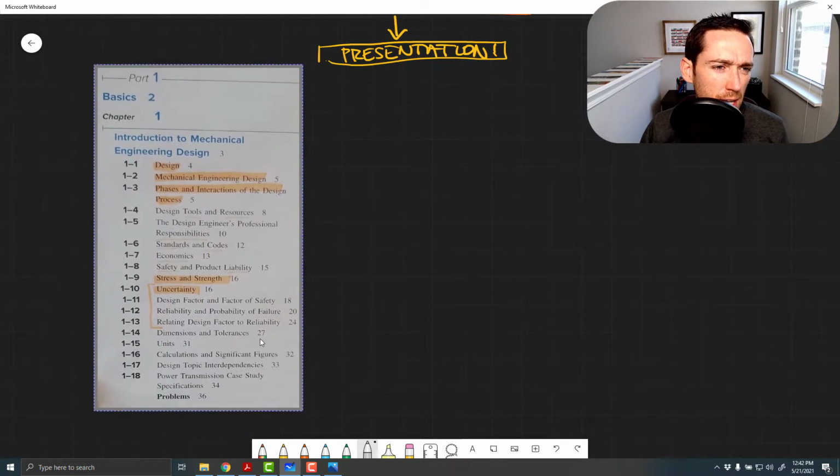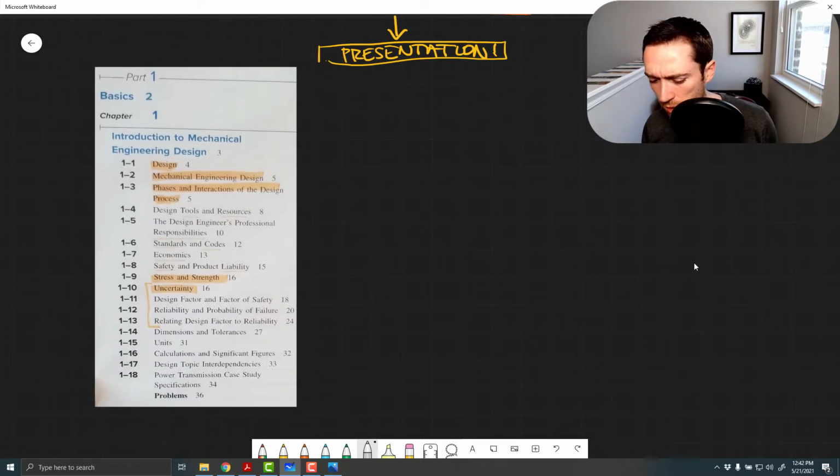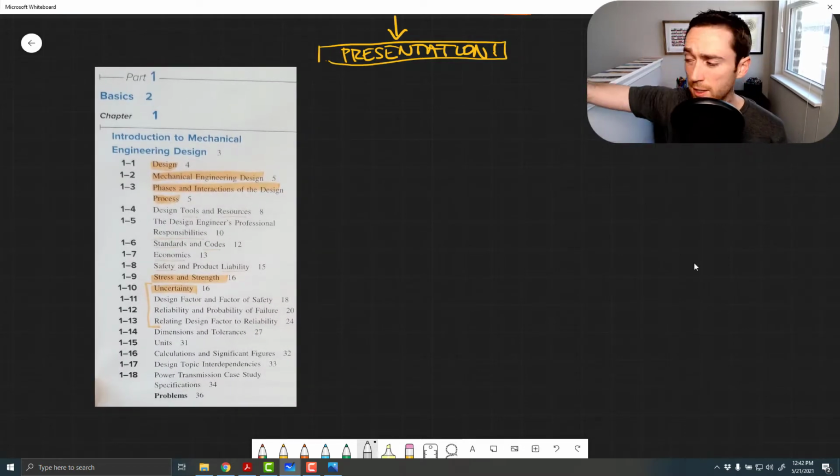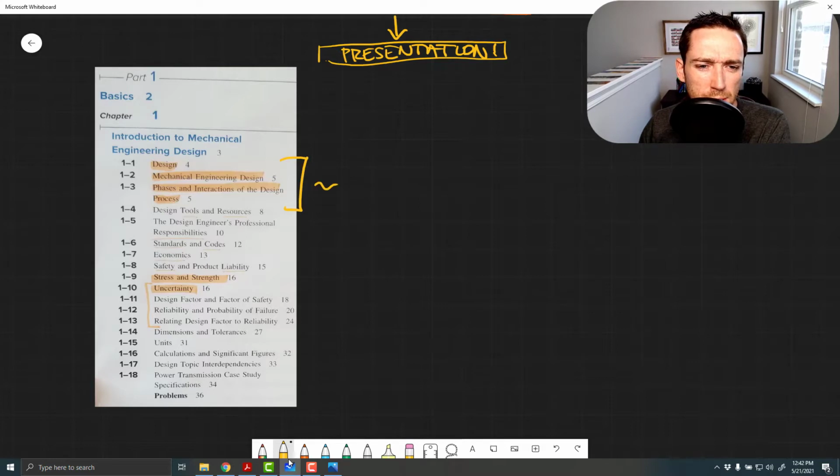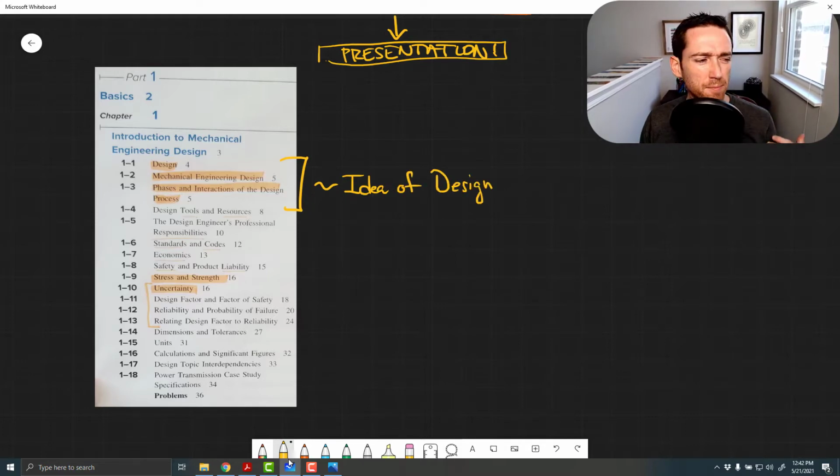I've gone ahead and highlighted what I think are the most important aspects for us to understand. And you can see that yesterday we really went over this fundamental idea of design. What is it? That invention, when the value happens, the difference between design requirements and design specifications.